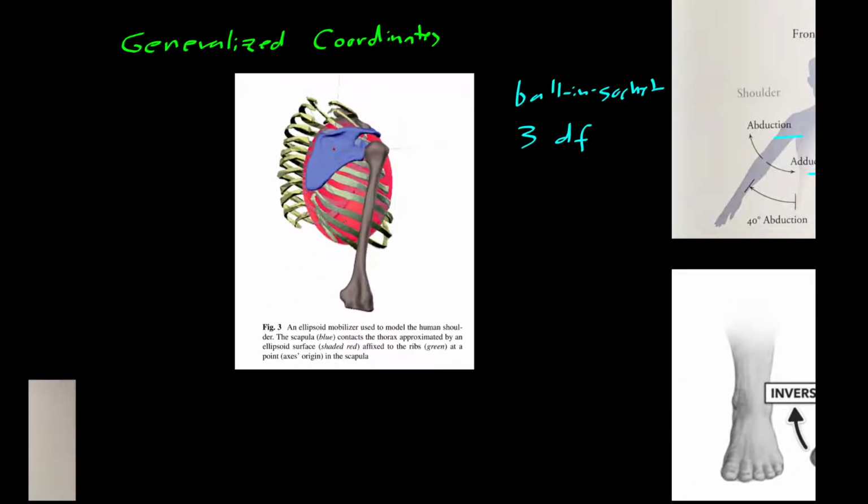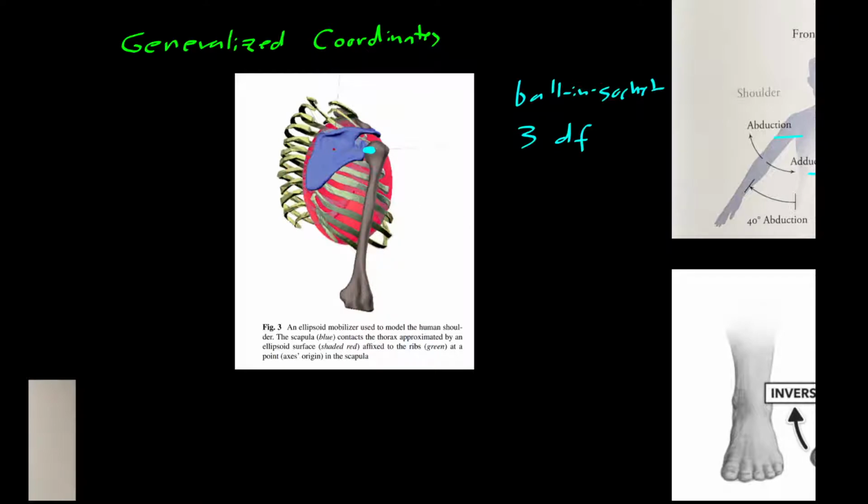But here's the problem with the shoulder. Not only can you rotate about the glenohumeral joint here, but the shoulder blade, the scapula itself, actually moves around. And not only does it move around, but it's not sliding on a plane. It's sliding around on the rib cage, which is sort of this ellipsoidal, elongated sphere.